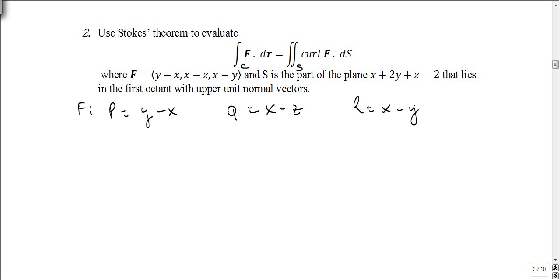Let's find curl F. So refer to your formula, all right? Curl F. Okay, partial R with respect to y, tell me.